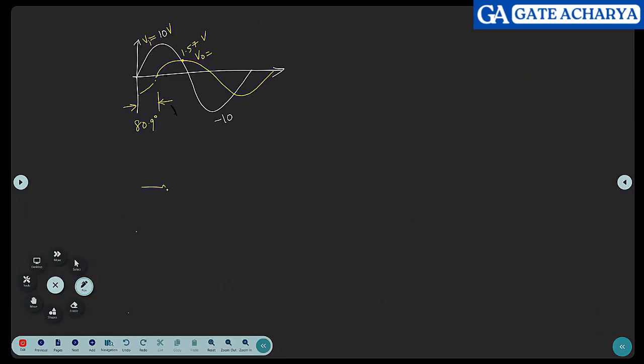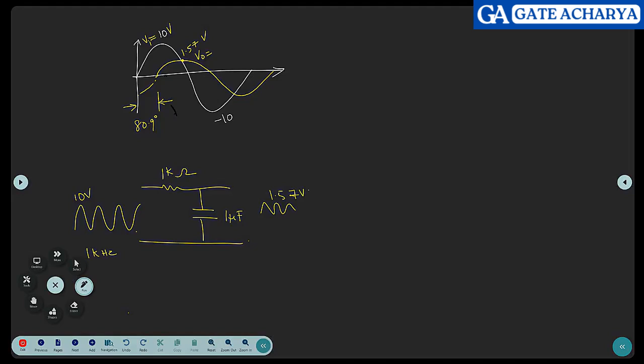What do I mean by it? If you have an RC circuit, if you give 10 sine omega t at 1 kilohertz, because this is 1K and this is 1 microfarad, the output is like this, only 1.57 volt, and again there is a phase delay of 80.9 degrees.